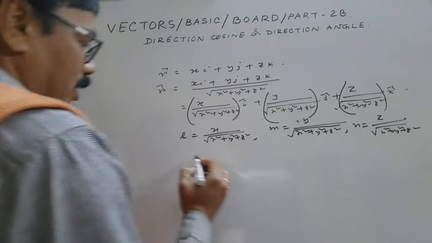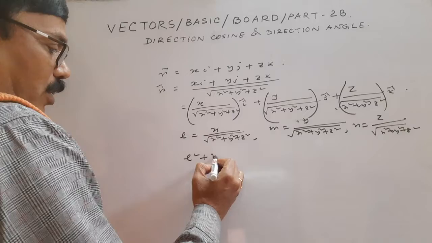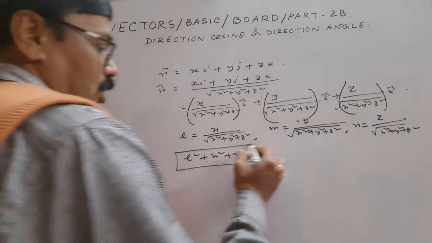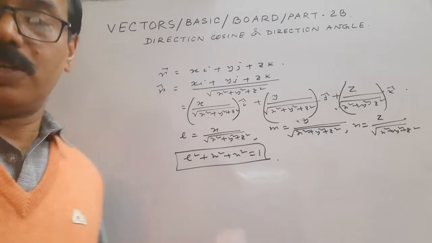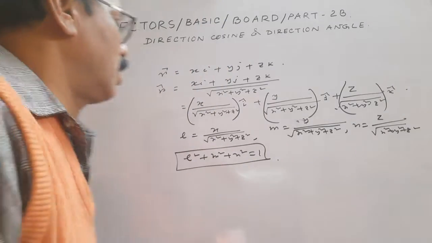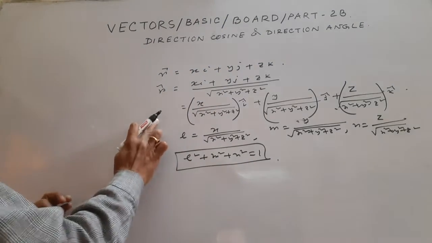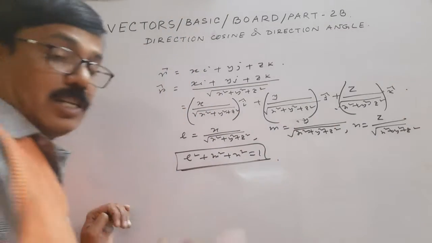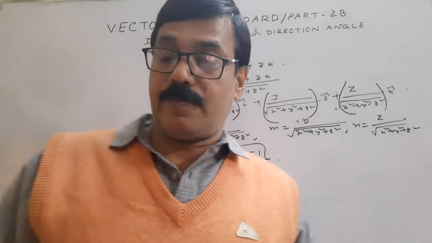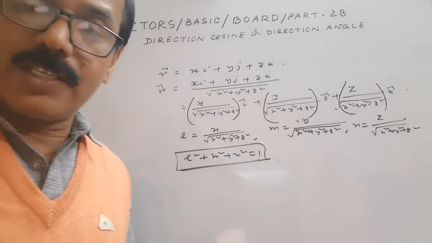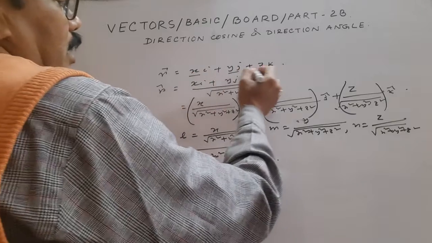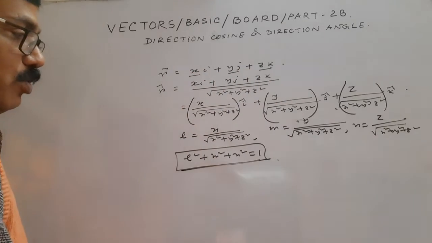So what we are getting, look, L square plus M square plus N square equals 1. So you remember it: if r is a unit vector, then the components of i, j, k represent direction cosines. And if r is any vector, then the components of i, j, k are direction ratios.